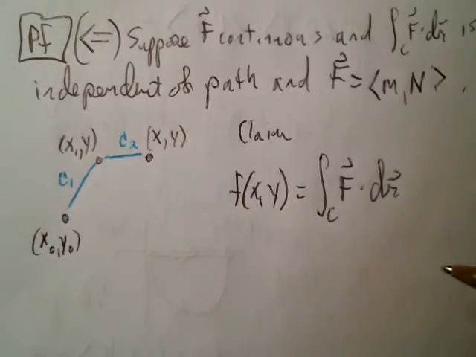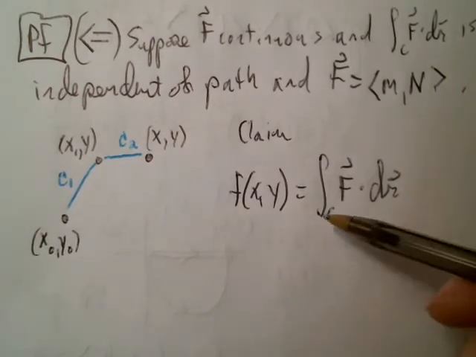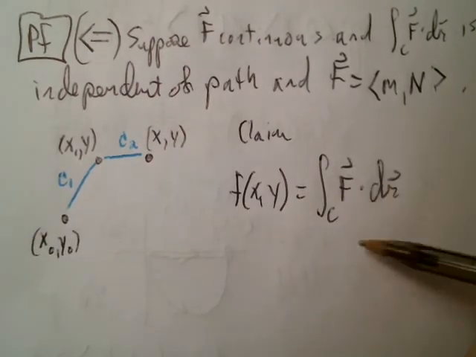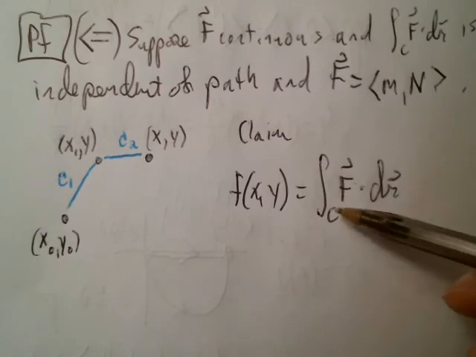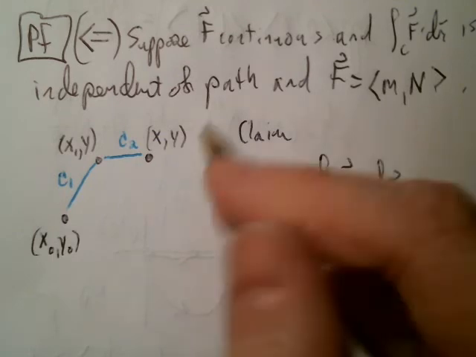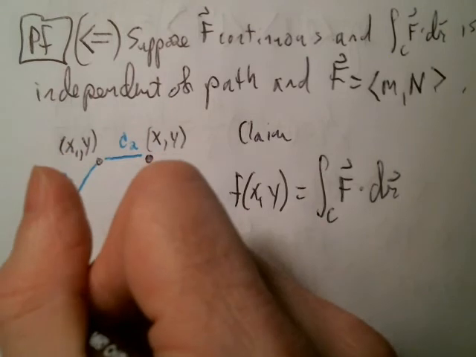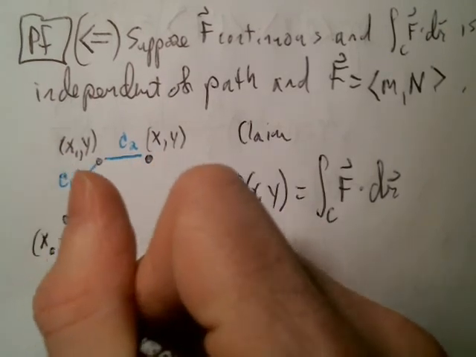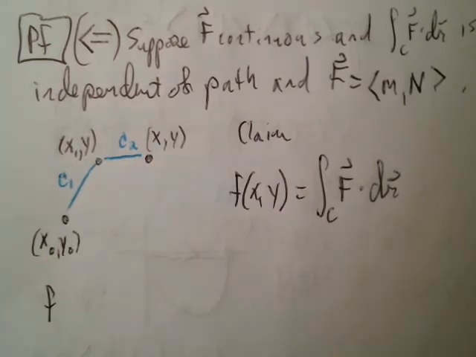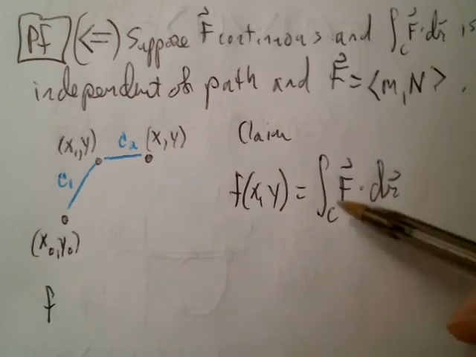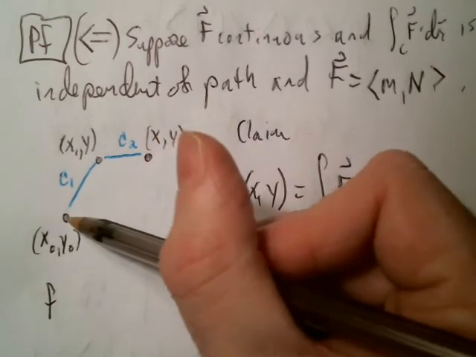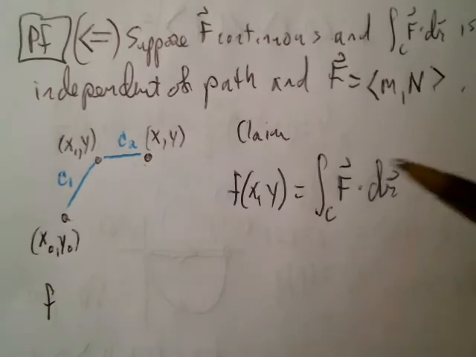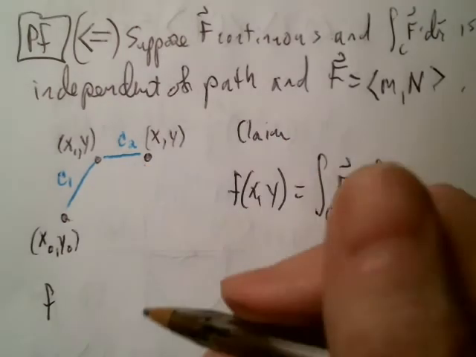Right, so I'm going to rewrite this line integral in its differential form, and hopefully that may be a little easier to stomach. Okay, so I take f of x, y, which is going from x0, y0 to x, y, and I'm going to break it into two parts.